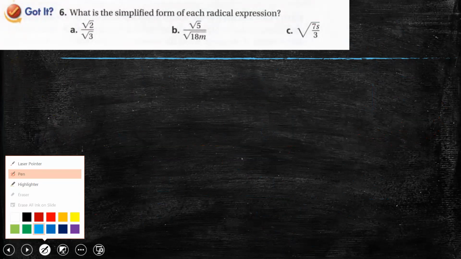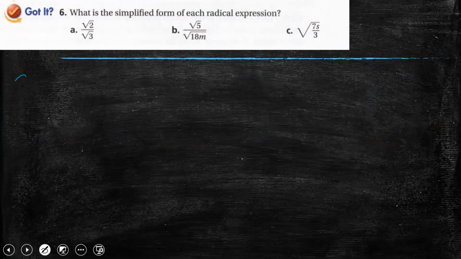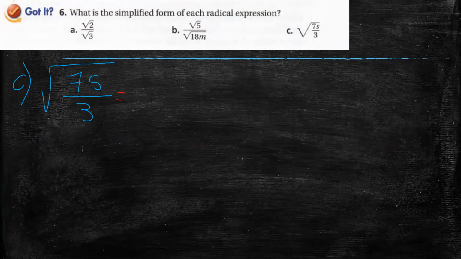Now let's do C. Here, we have square root of 7s over 3. For this one, what do we have to do? For the first step, I want you to distribute the square root onto the numerator and the denominator.